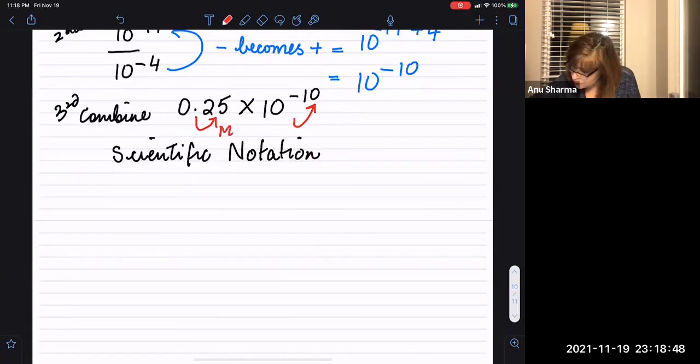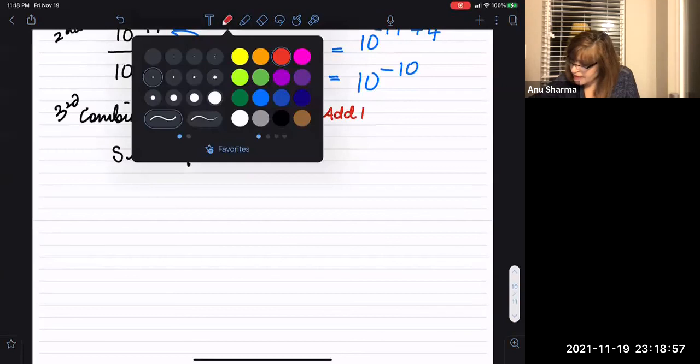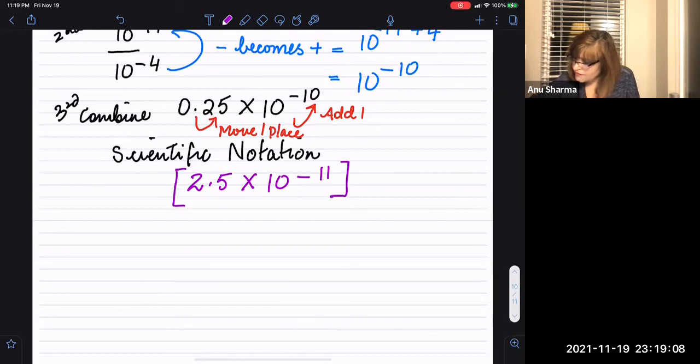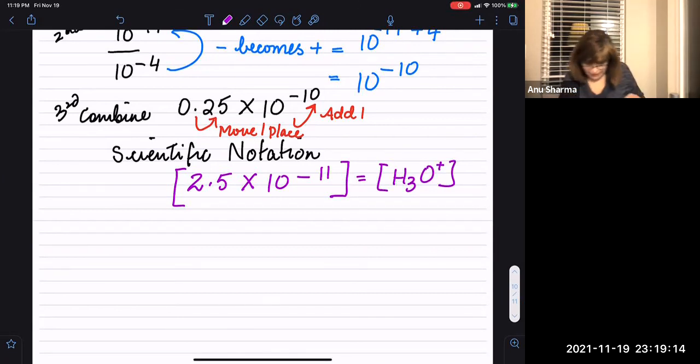You moved one place, so add 1. So this becomes 2.5 times 10 to the power negative 11. This is the concentration of hydronium ions. Okay, so I've tried to explain this.